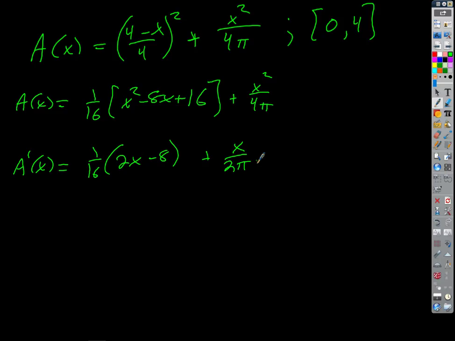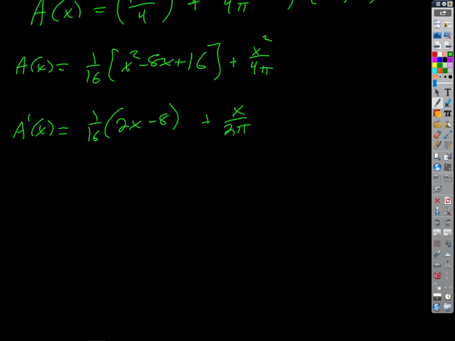Where's the product? There's only one variable. I use quotient rule for a quotient of functions, but I've got a function divided by a constant, so I just pull the 1 over 4 pi out front. Okay?